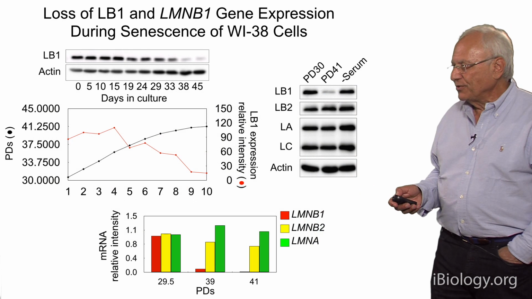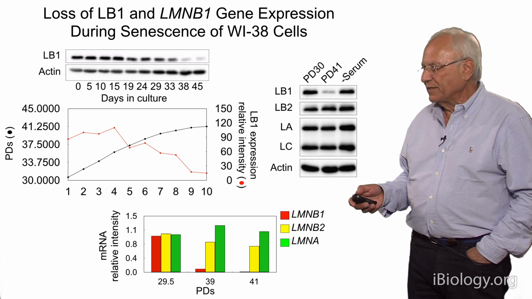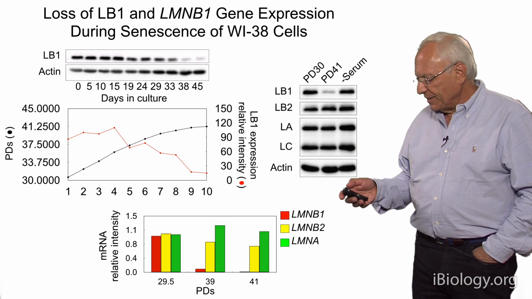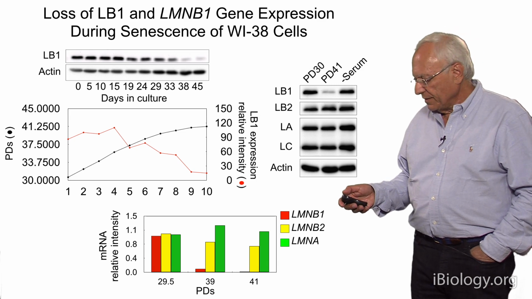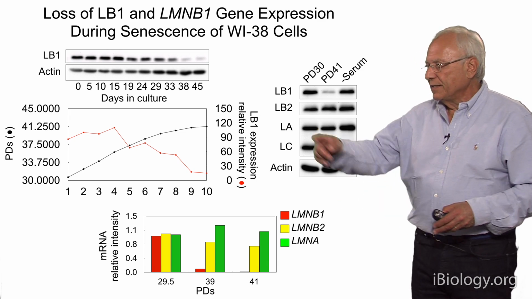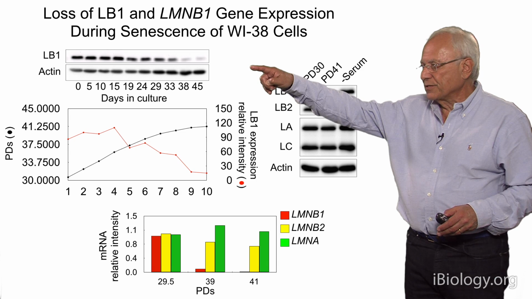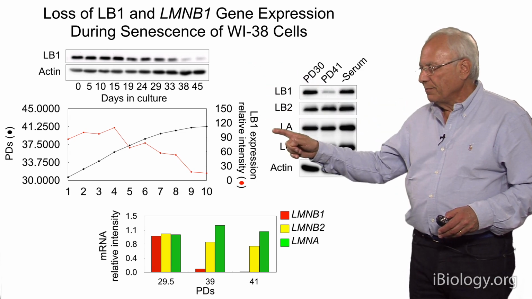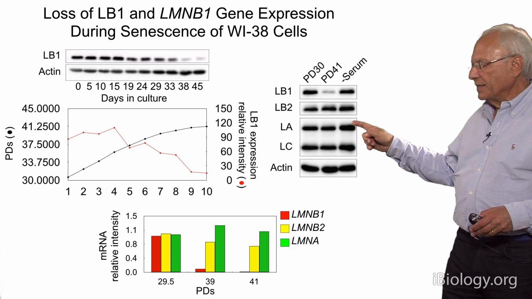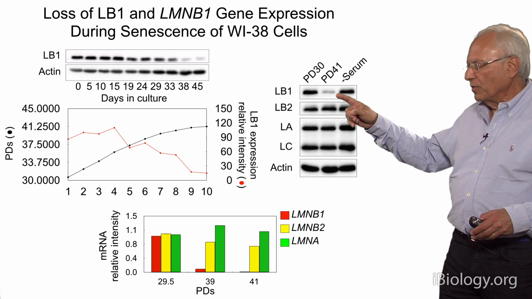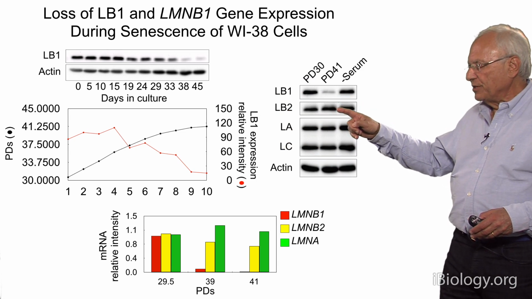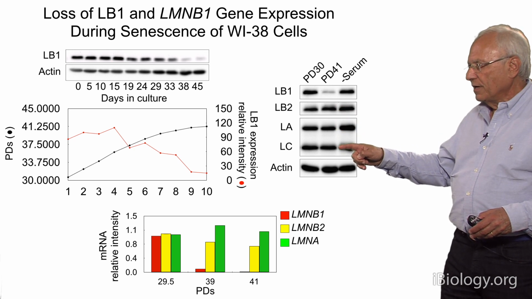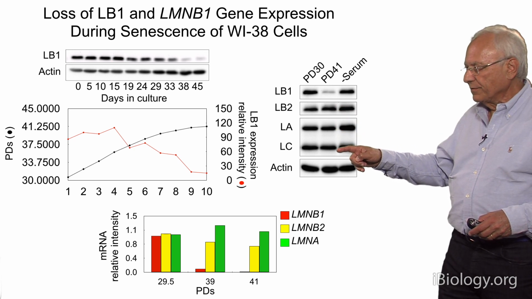So we went on to look at quantitative Western blotting of the loss of lamin B1, which we can see in the upper panel here as a function of time. As cells enter senescence, LB1 is lost, but you can see on the right-hand side that LB2, LA, and LC are in fact retained.